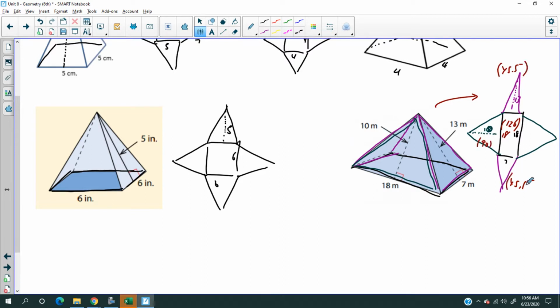I should put parentheses around these. So let's add all these up. 45.5 plus the other triangle, plus 90 plus 90 plus 126. Yep. 397. Okay.